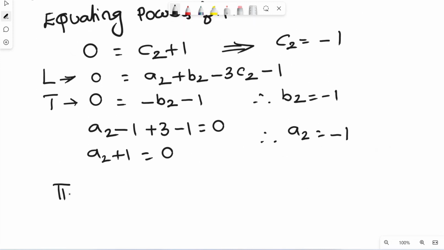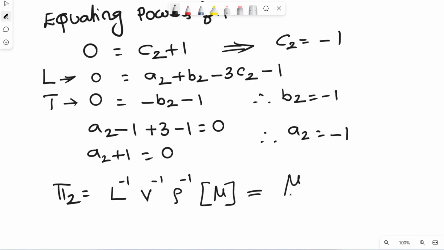Therefore, pi 2 is L to the power of minus 1, V to the power of minus 1, rho to the power of minus 1, into mu. So this pi term can be written as mu by rho VL. This is the second pi term.